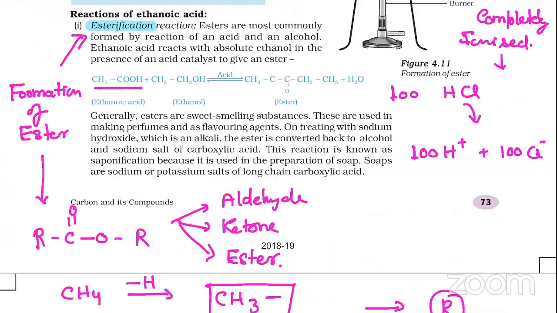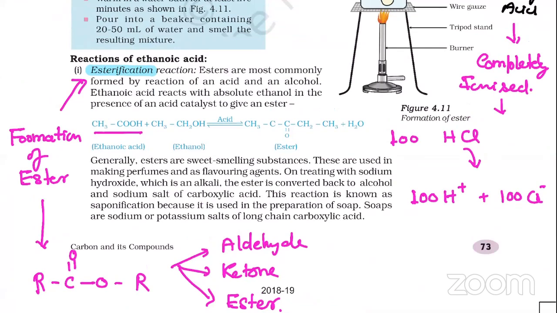So we were seeing this reaction: RCOOH, in this case ethanoic acid, is reacting with ethanol, that is CH3CH2OH, an alcohol. So an acid is reacting with an alcohol and forming an ester.